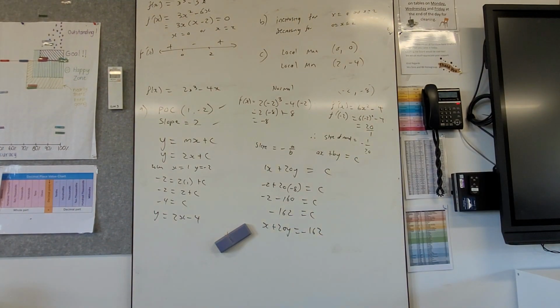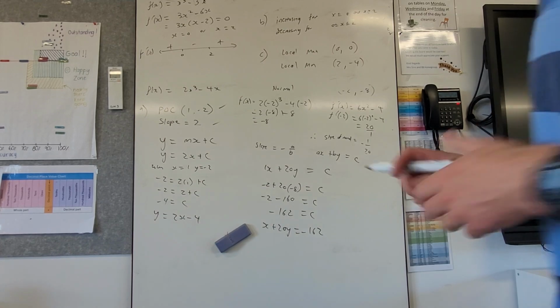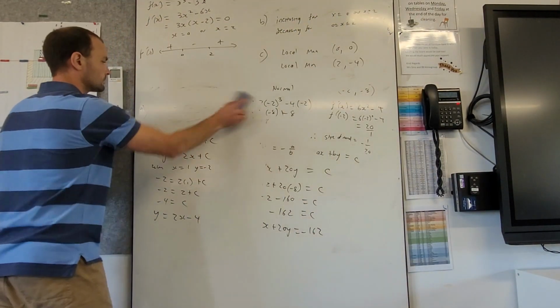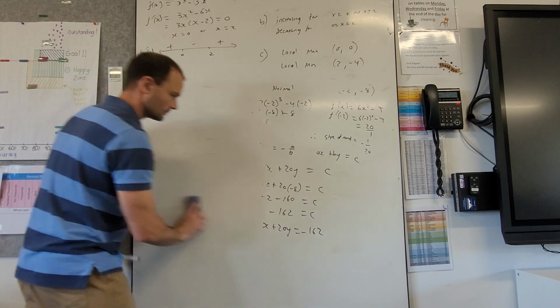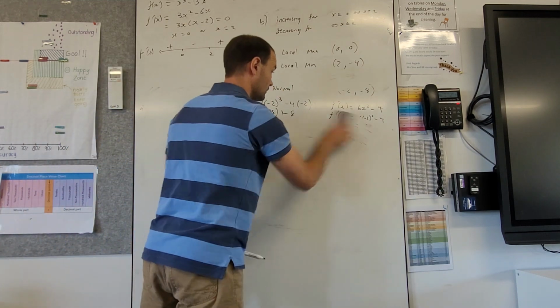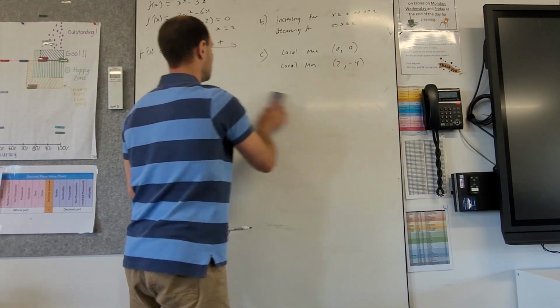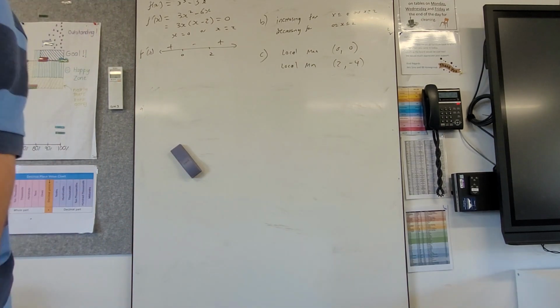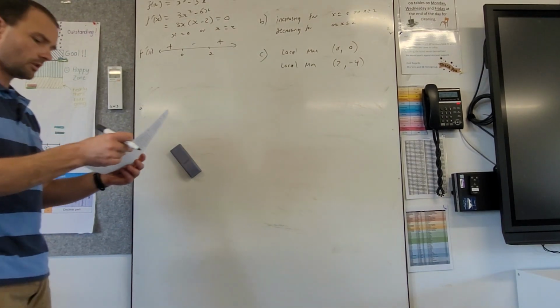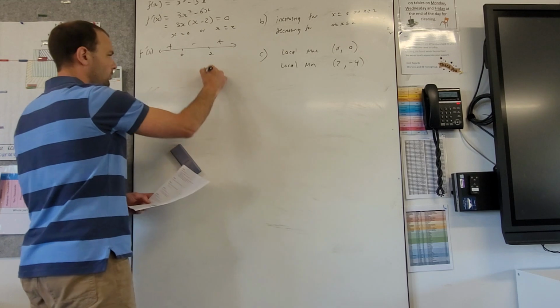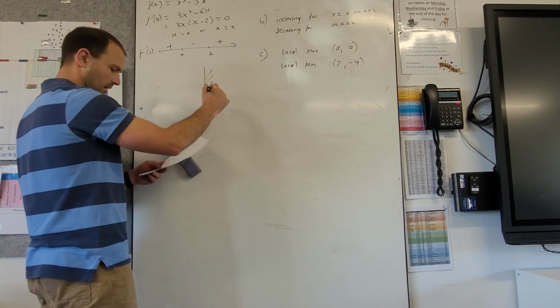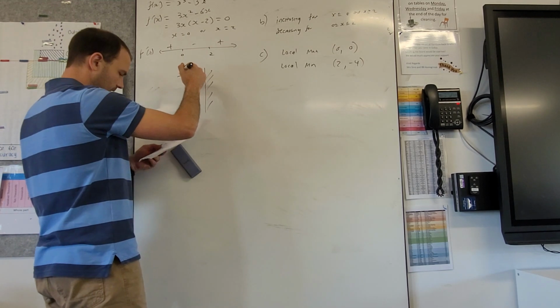Alright, on to question 6. All right, so this is the optimization question. We've got a brick wall and we're building a box, a garden bed or something.